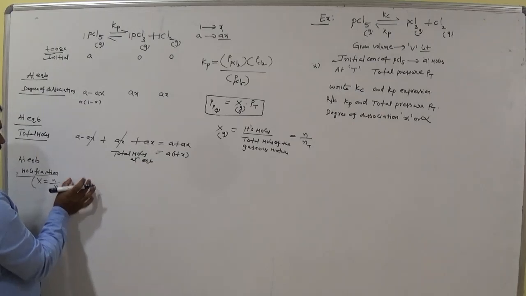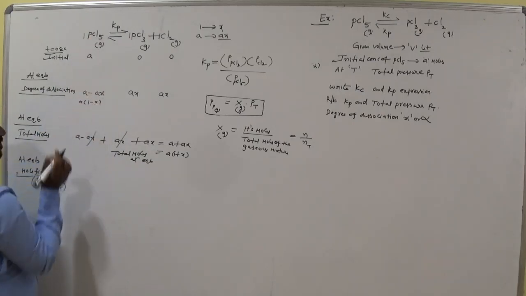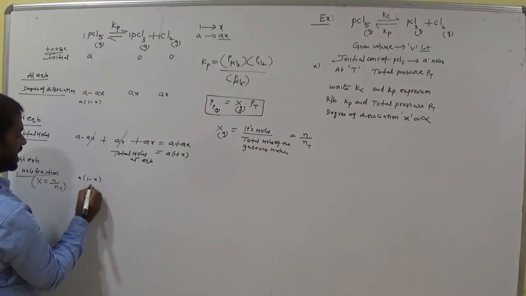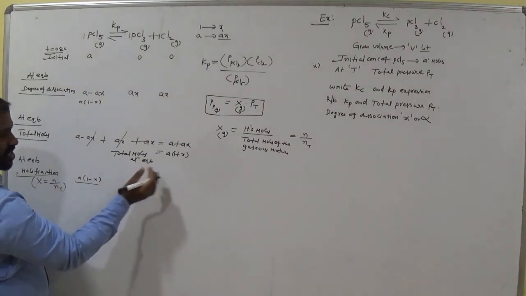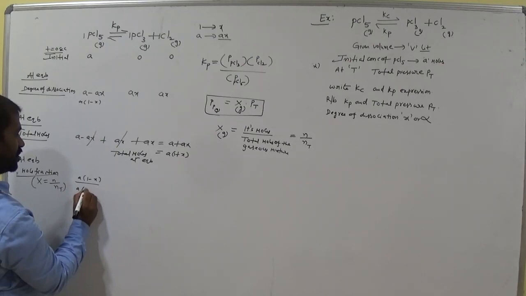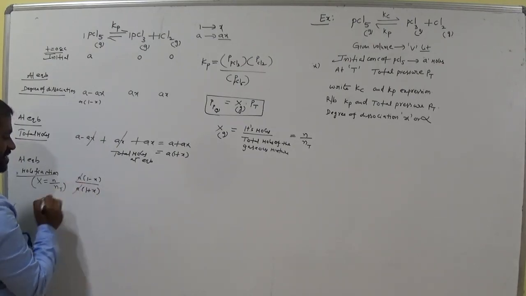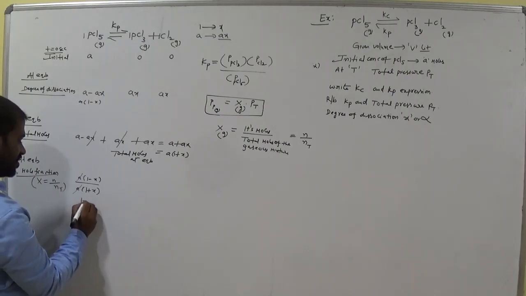So here, number of moles of PCl5, A into 1 minus X, by total moles, A into 1 plus X, am I right? So now cancel this one and this one. What is the remaining term? 1 minus X by 1 plus X.